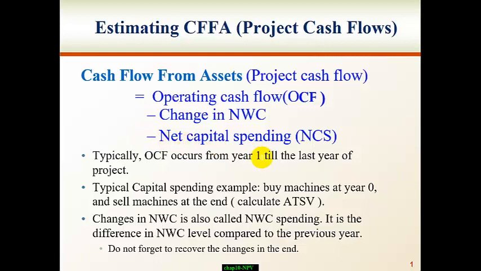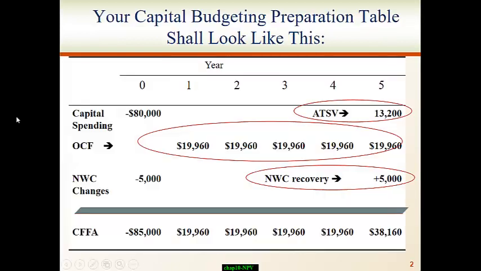We call it net capital spending. So the three categories: operating cash flow, change in net working capital, capital spending. All of them together are the total cash flow created from the assets. So we call it cash flow from assets. Sometimes we also name it project cash flow.